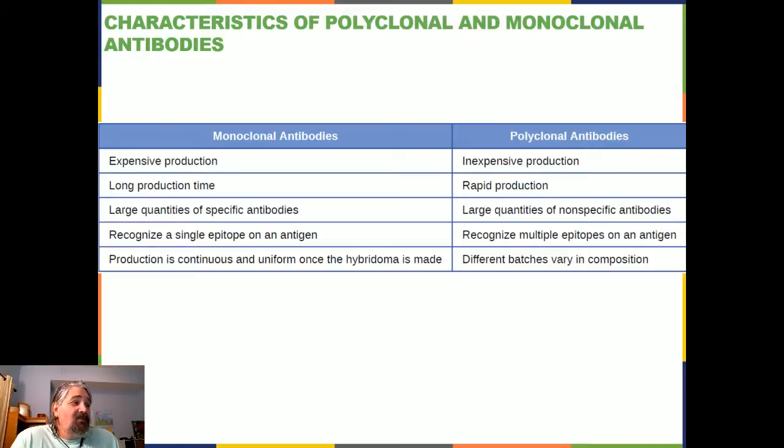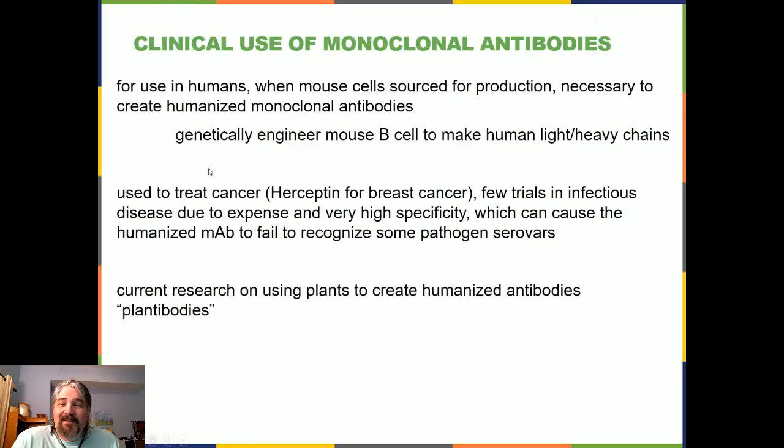You do get large quantities of non-specific antibodies that can recognize multiple epitopes on an antigen, which is an advantage, actually, except for the cross-reactivity chance. But the different batches will vary in composition because you don't know exactly.